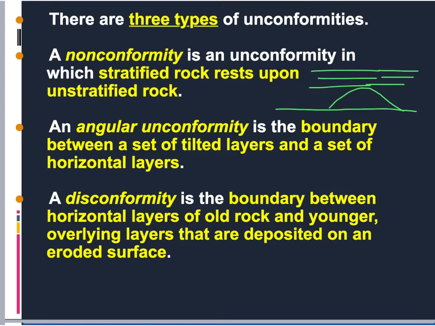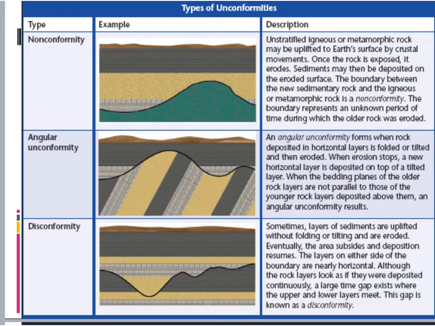An angular unconformity is the boundary between a set of tilted layers and a set of horizontal layers. So that's where we saw before, where we have horizontal layers and above some diagonal or angular layers. A disconformity is the boundary between horizontal layers of old rock and younger overlaying layers that are deposited on an eroded surface. Let's take a look at these.